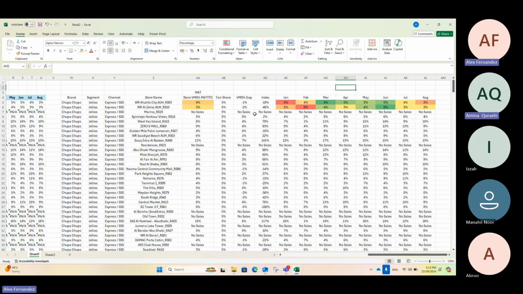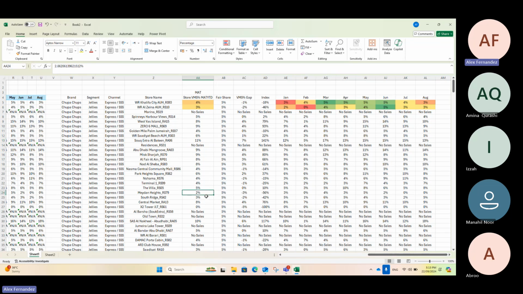What will be the implication of this slide? We are trying to tell them that on average, your market share in Express is 5%. Some stores are 11%, where you are doing phenomenally well. Some stores you are doing almost 2%, which is very low.